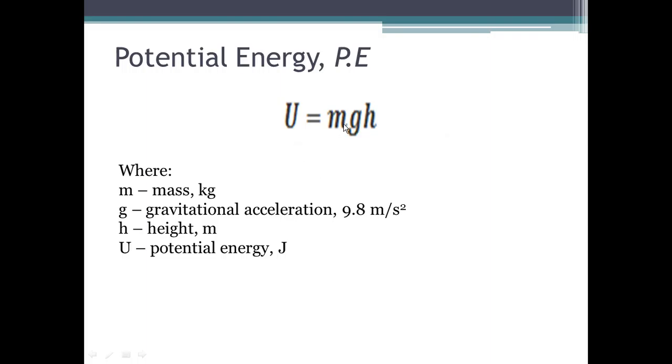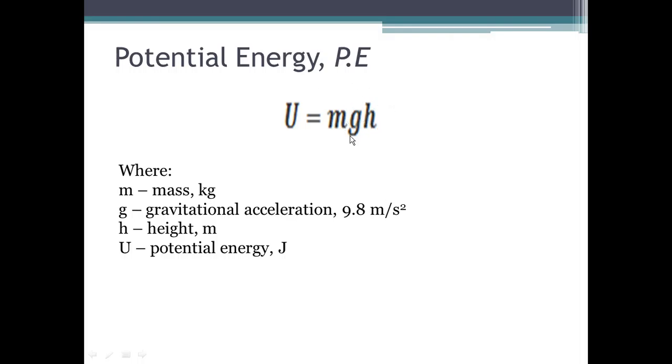Try to notice that mass times g is actually the weight of the object by virtue of Newton's second law. M times g, mass times acceleration. This is actually the weight of the object. So this is basically a force. Force times height. Height is distance.